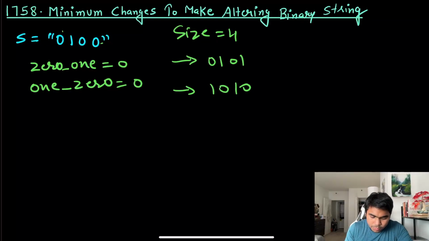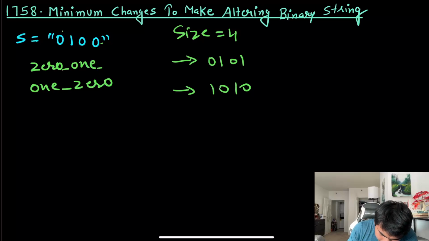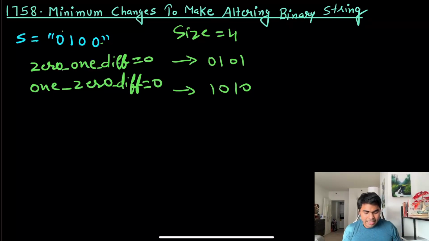So I will increment the respective variable, or the respective difference. I would rather name it diff, so I will just add diff next to it, because it will be counting the difference that it currently has with the existing original string s.